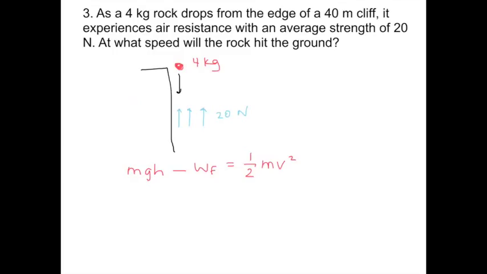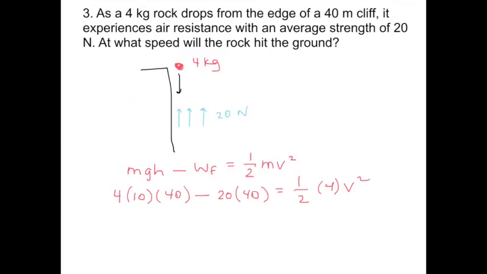Now we can plug in our numbers. We know m is 4, g is 10, and h is 40, because that's how high the cliff is, minus. Now work is force times distance. So if the air resistance is doing a force of 20 newtons over a distance of 40 meters, that's how high the cliff is, we can plug in those two numbers, and then that will all equal 1/2 times 4 times the final velocity squared.